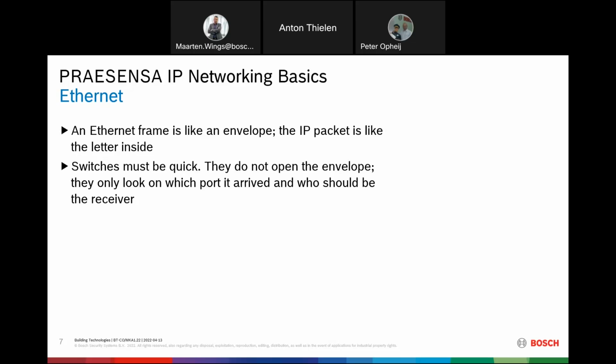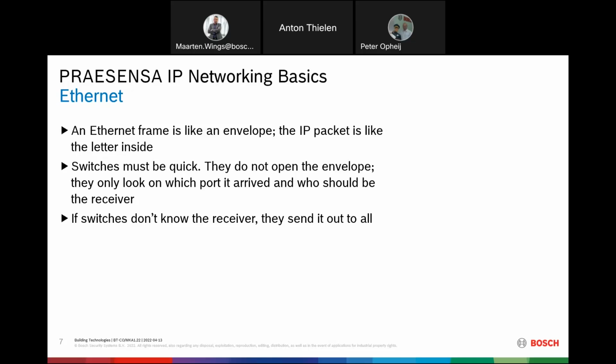That's the intelligence inside the switch, but nothing more than that. They don't know the receiver. If they don't know the receiver, they send it out to all. So the first time a frame arrives and they don't have it in their administration, they just send it to all ports, and then the receiver will respond to it.